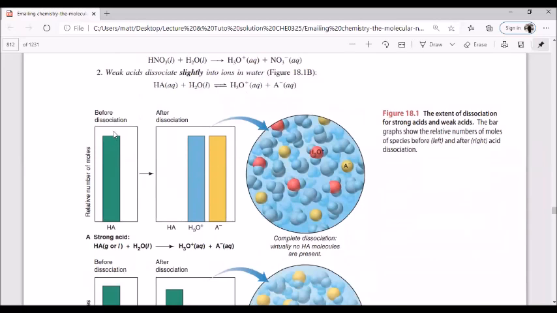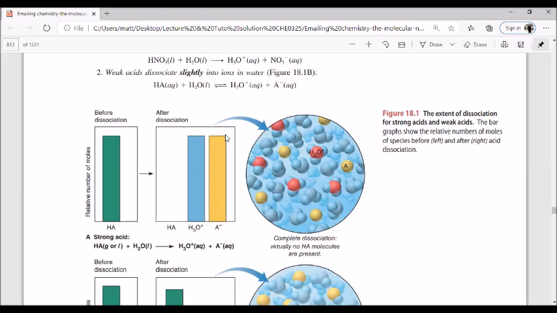Before dissociation, the relative number of moles of HA is maximum, 100%. As it is put in water, dissociation occurs completely. After dissociation, you can see no more HA. The hydronium ion concentration is maximum and A minus is also maximum.